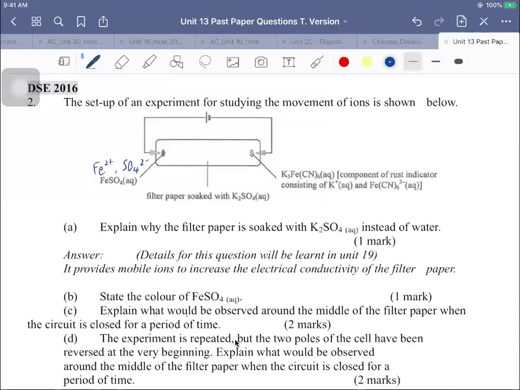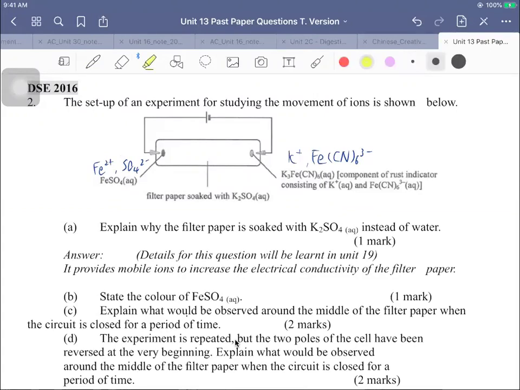On the right-hand side, we have potassium and the other ions. When the circuit is completed, remember, positive ions are attracted to the negative pole, and negative ions are attracted to the positive pole.